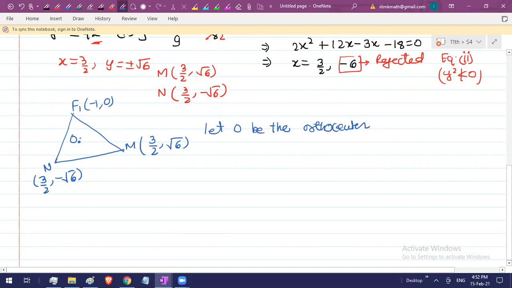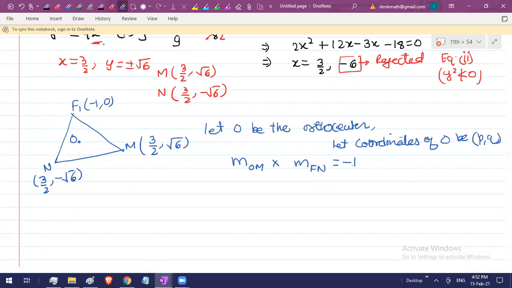Simply, you can say the slope of OM into the slope of FN is equal to minus 1. Let the coordinates of O be P comma Q, the orthocenter coordinates.